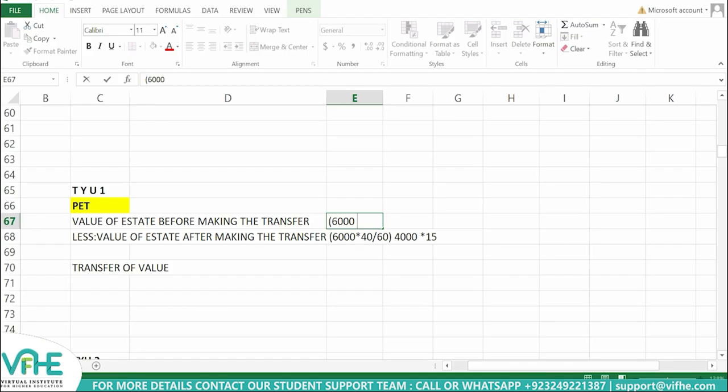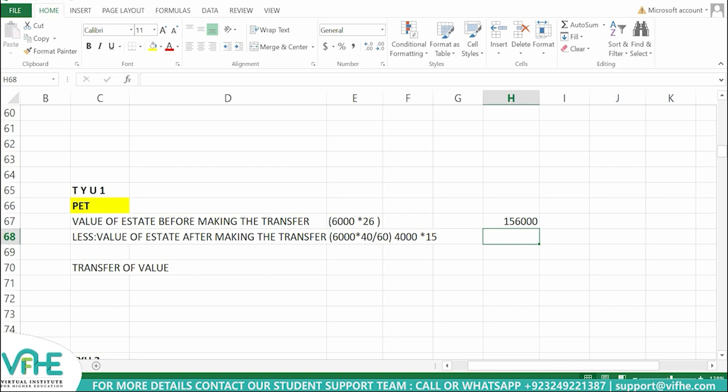So 6,000 into 26, that would lead to what? What's going to be the total value? It is 6,000 into 26, that will be equivalent to £156,000. So this had been her value of estate before the transfer was made.